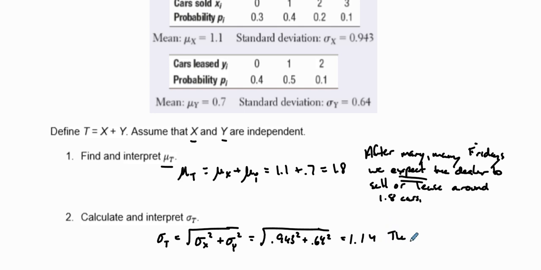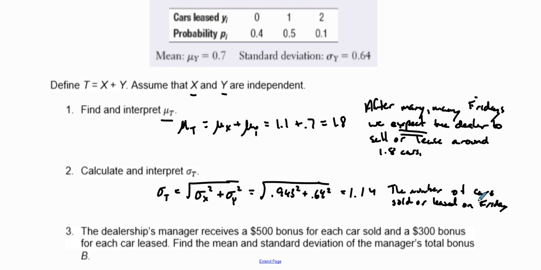The number of cars sold or leased on a randomly selected Friday typically varies by 1.14 cars from the mean.